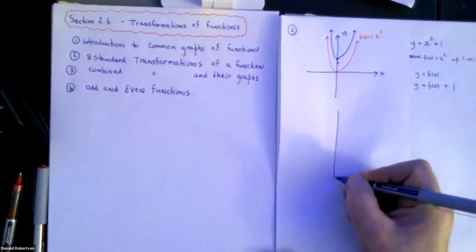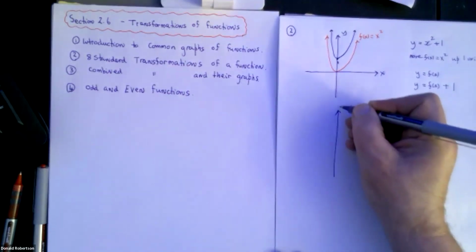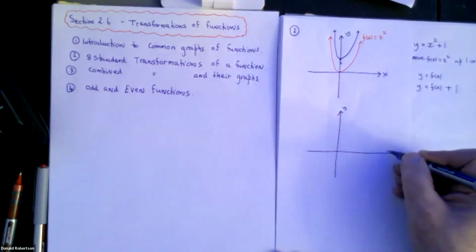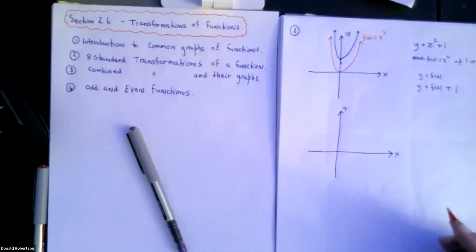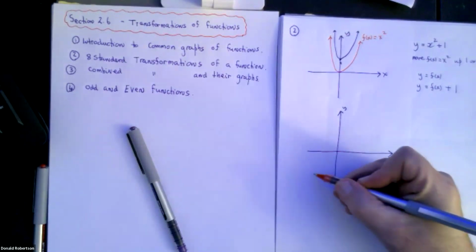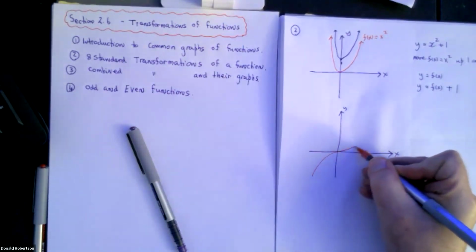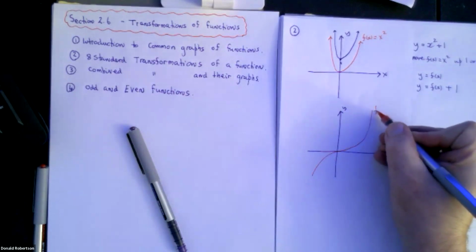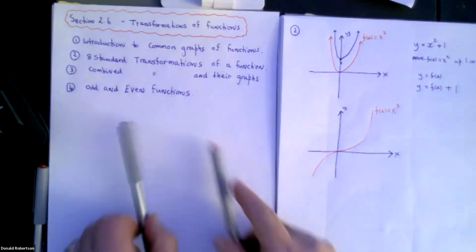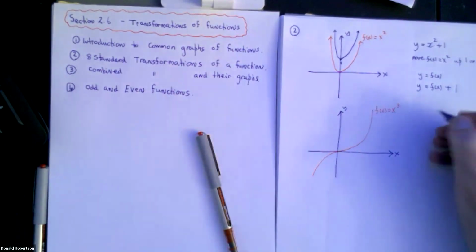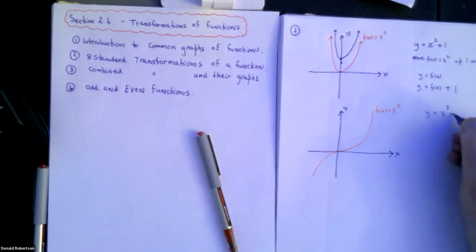So if I chose a different function, but kept the transformation, suppose I did, for instance, x cubed, which looks like that. And we did this thing. We did x cubed up 2.